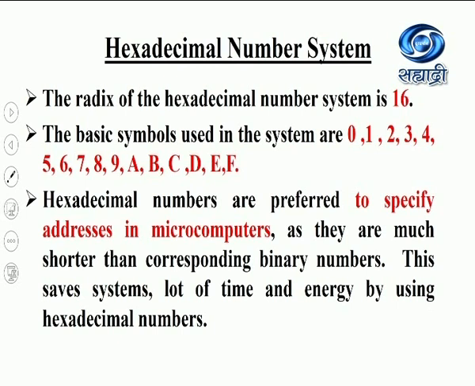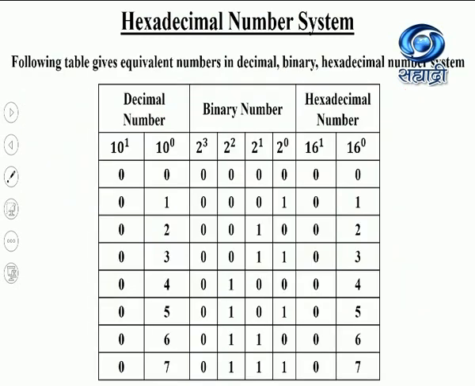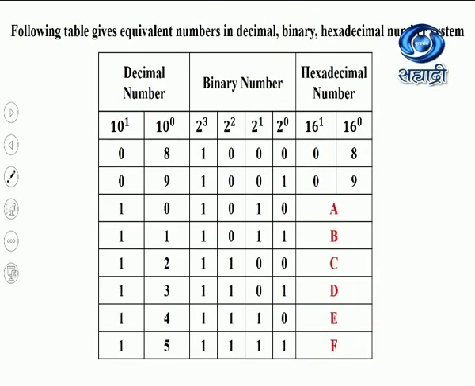This saves the system a lot of time and energy. The following table gives equivalent numbers in decimal, binary and hexadecimal number systems. Here we have the decimal number, binary number and hexadecimal number from 0 to 50.